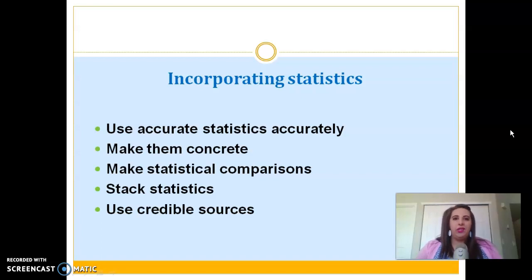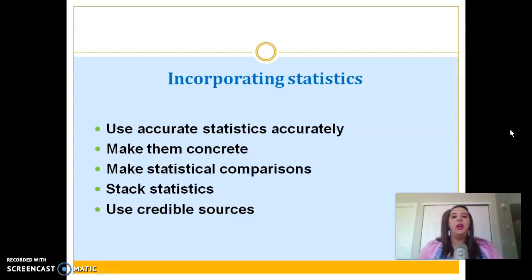Make your statistics concrete. Make them very easy to understand, straight to the point, something that everyone can follow, because we're trying to avoid ambiguity. Make statistical comparisons. That can be really good. So, comparing: this percent of people will react like this in the workplace, this percent of people will react like this.